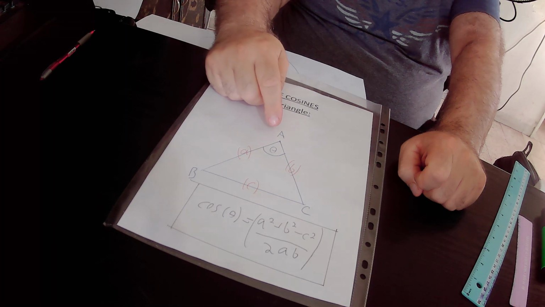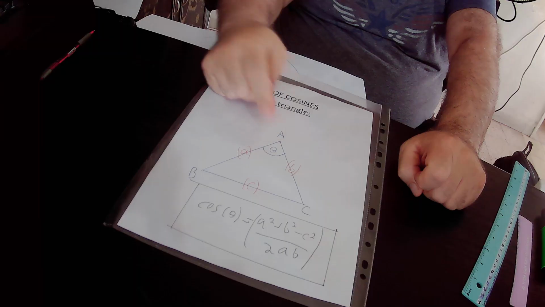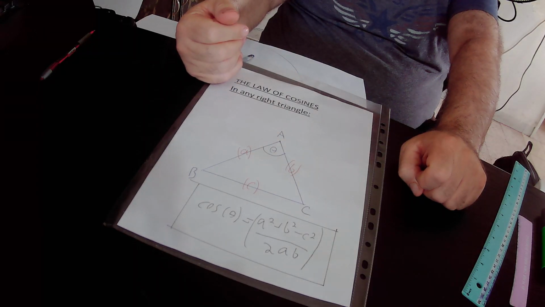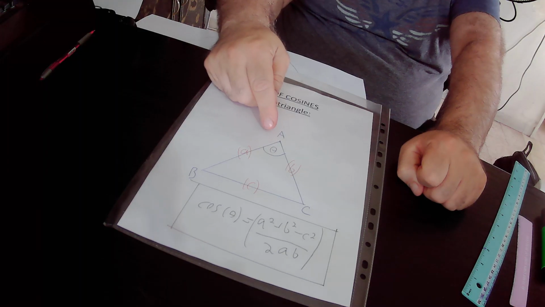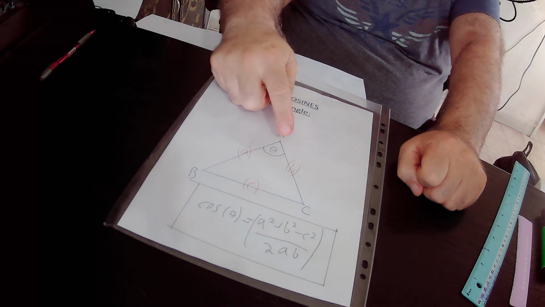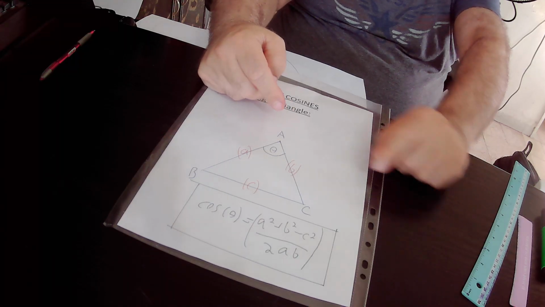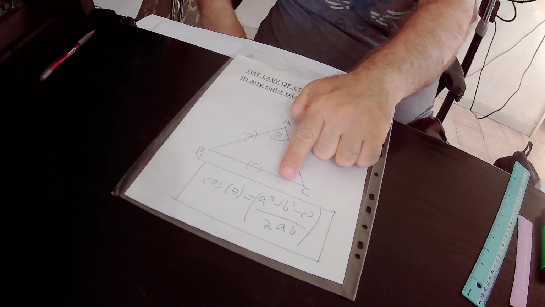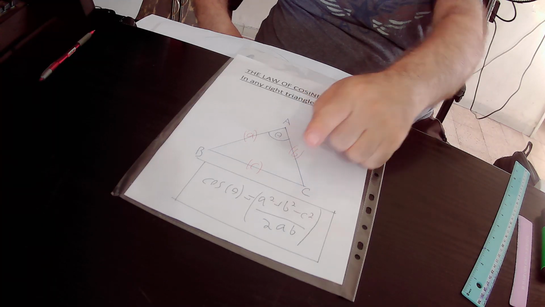The size of this angle BAC is theta. So cosine theta equals A squared plus B squared minus C squared over 2 times A times B. Again, cosine theta equals A squared plus B squared minus C squared over 2 times A times B.